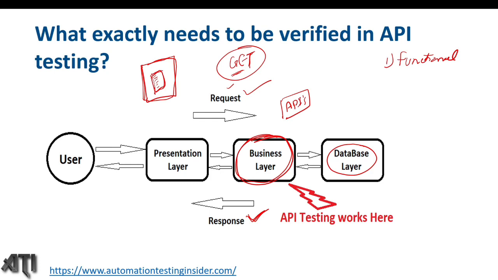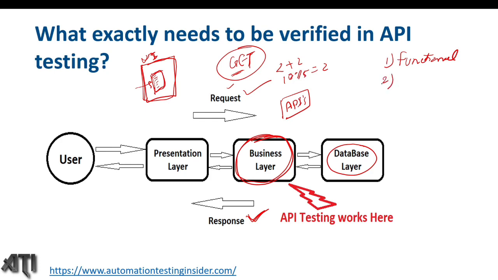That is nothing but the functionality. We want to check whether the calculator is working fine. The UI is still not ready, but we want to verify whether 2 plus 2 is 4, and whether 10 divided by 5 is equal to 2. All this functionality we can check using functional testing as part of API testing.